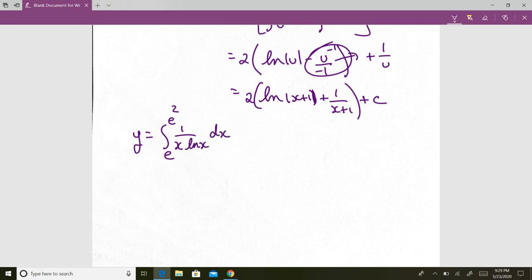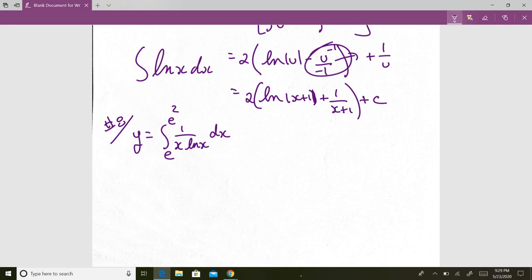So if you get a question like this, where there is a natural log in the integral, it is screaming at you to make that the u substitution, because you do not know how to integrate just a natural log function. Like if I said the integral of natural log x dx, you don't know how to integrate that. We will learn that later on. You have to use integration by parts, but right now you don't know how to do it.